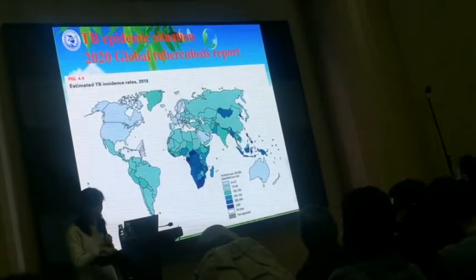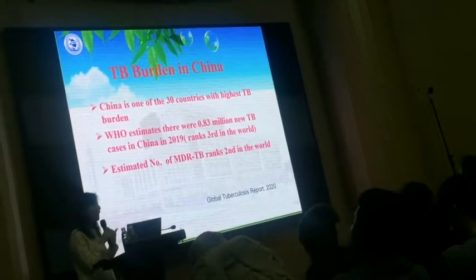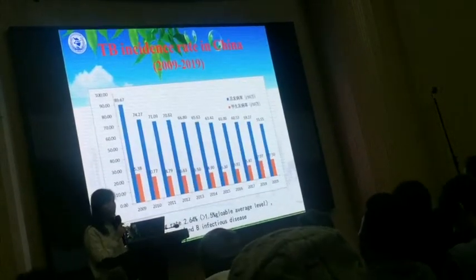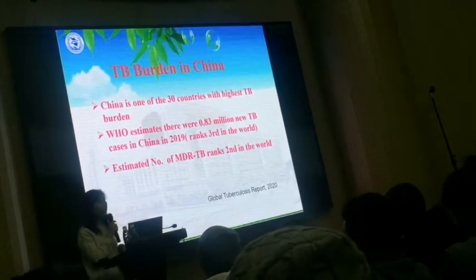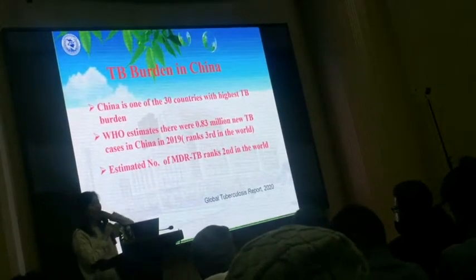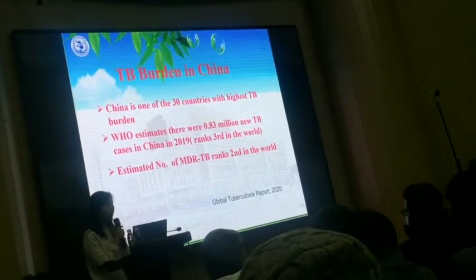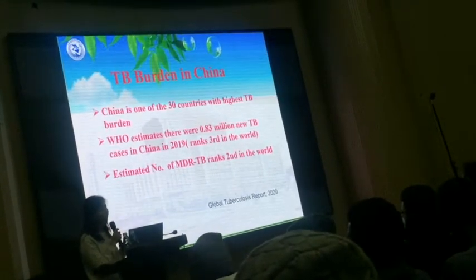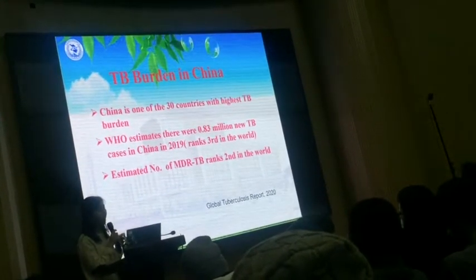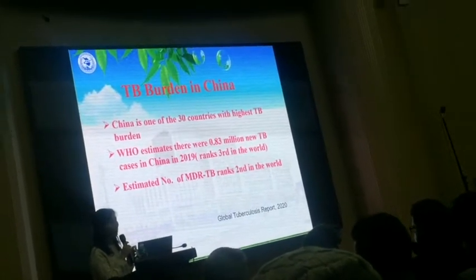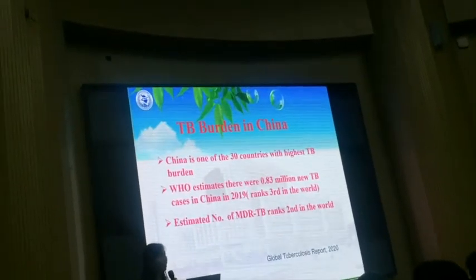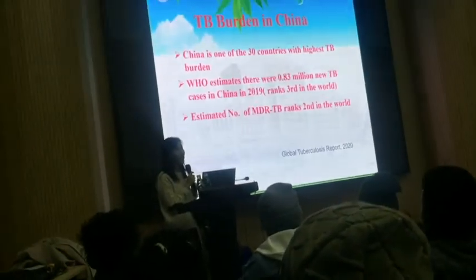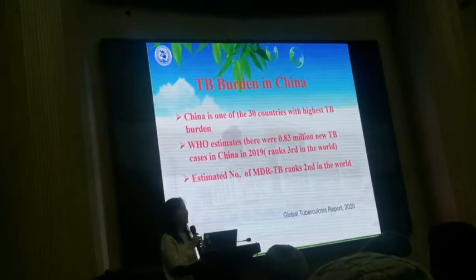Next, I will introduce that China is one of the 30 countries with the highest TB burden, and the WHO estimates there were about 0.83 million new TB cases in China in 2019. So we ranked third in the world.